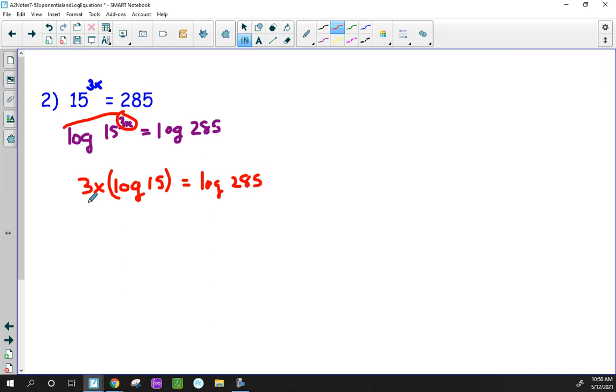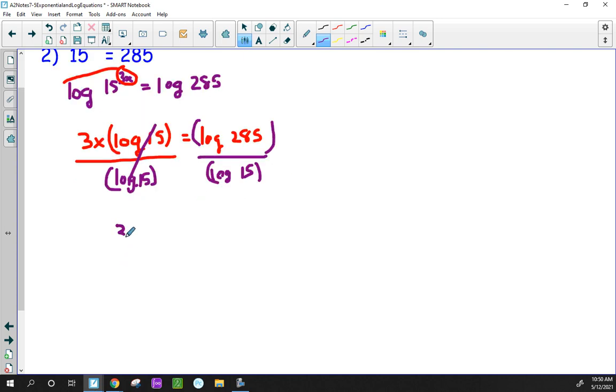Again, your goal is to solve for x, so you're going to divide through by the log of 15. Remember, that's just a number value. And recall from the past, that means 10 to what power is 15? Log 15 is going to cancel on the left.